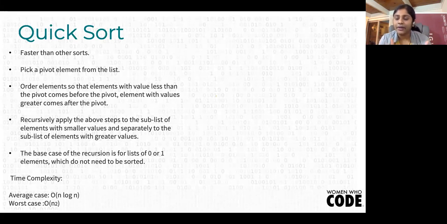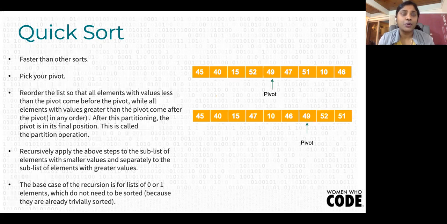Find a pivot and arrange the elements that are lesser than the pivot to the left, the elements that are greater than the pivot to the right. So recursively, we keep doing that until it hits the base case of 0 or 1. And the complexity is O of n log n, and in the worst case, it would be O of n square. Let's go into detail of how this quick sort works.